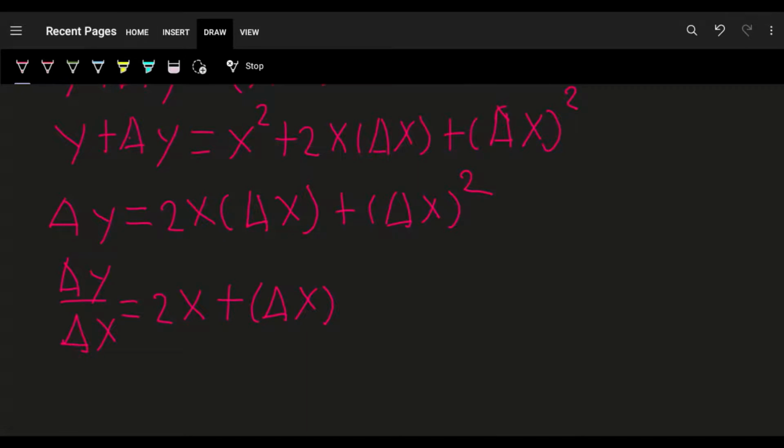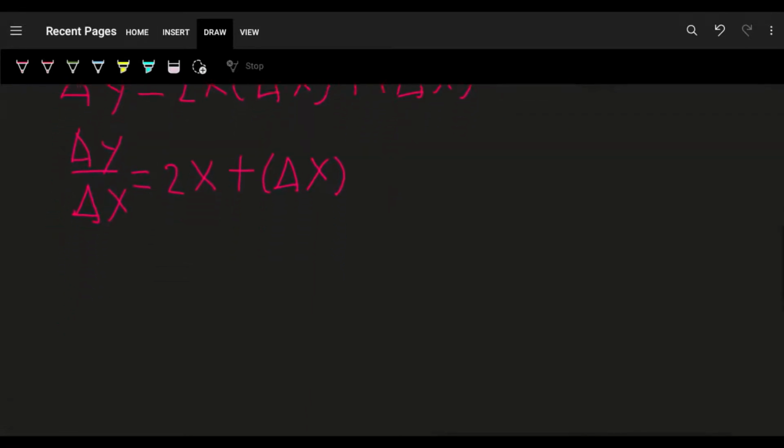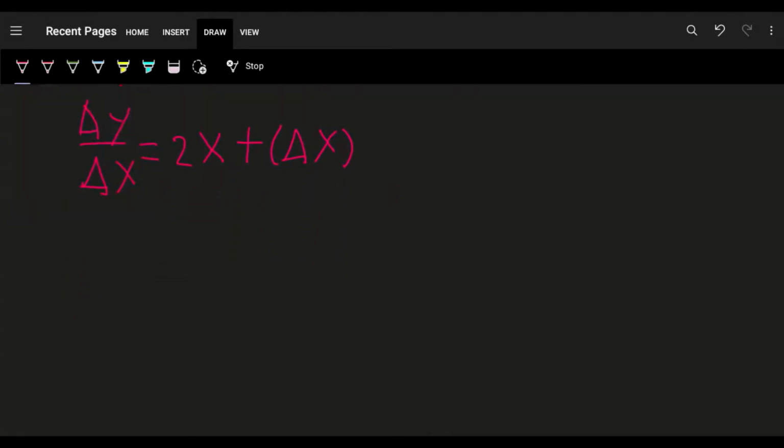Let's take the limit of delta y over delta x to form a tangent line as delta x approaches 0. As delta x approaches 0, it cancels out this delta x term, so we're left with 2x, which we know is the derivative of x squared.